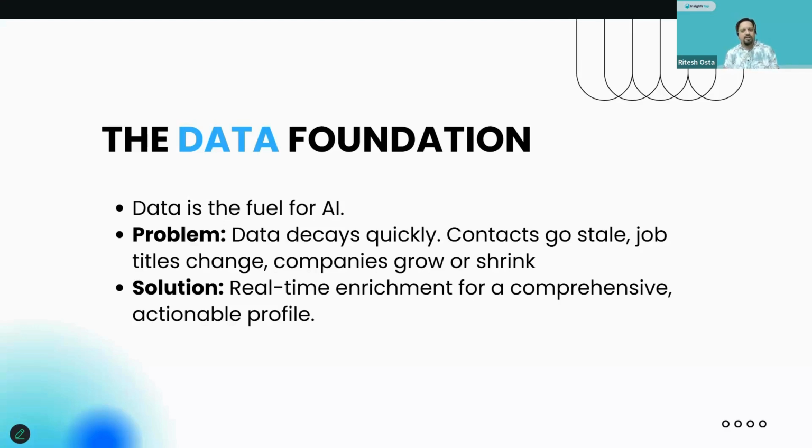Data also decays quickly. Contacts go stale, job titles change, companies grow. So it needs to be updated consistently, or else you need to have a system that can update the data systematically, with real-time enrichment to make it comprehensive and actionable. So you need to create what we call the customer data profile. That means all your data needs to be in one place and continuously enriched and updated.